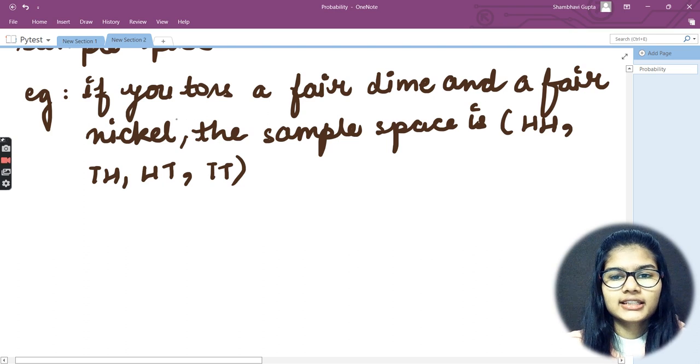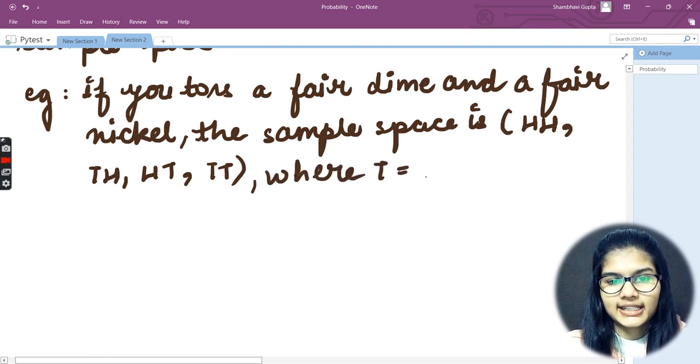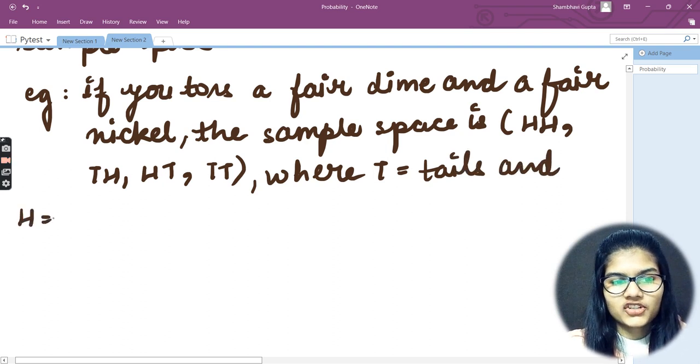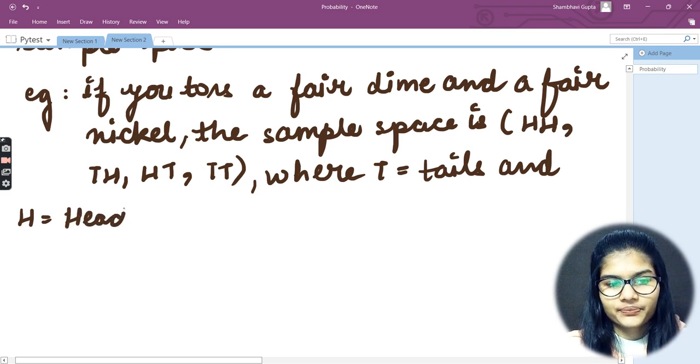In this case, this will be the sample space if you toss two coins simultaneously. Where, in this question, T is equal to tails and H is equal to heads.